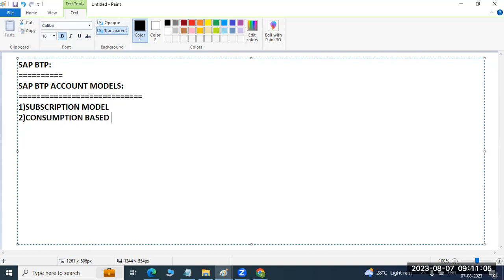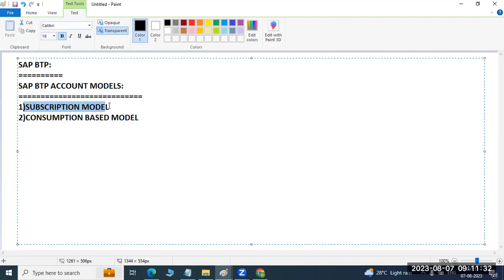These are the two types of models available in BTP. We may also call it the commercial model or account model, so there are multiple synonyms.